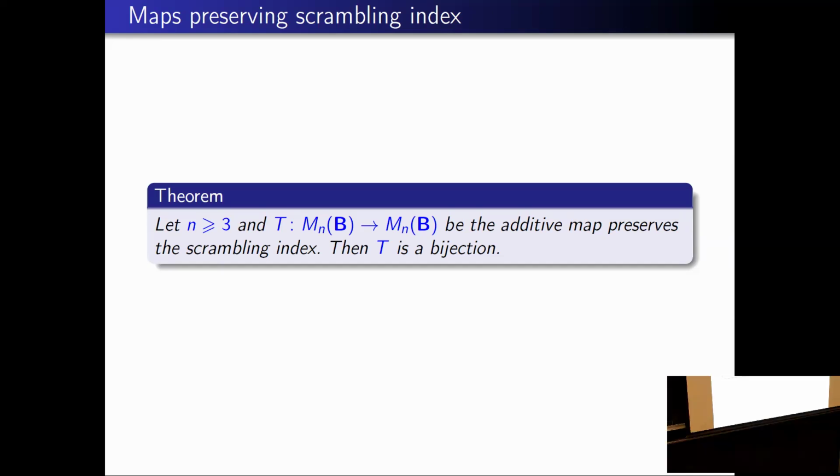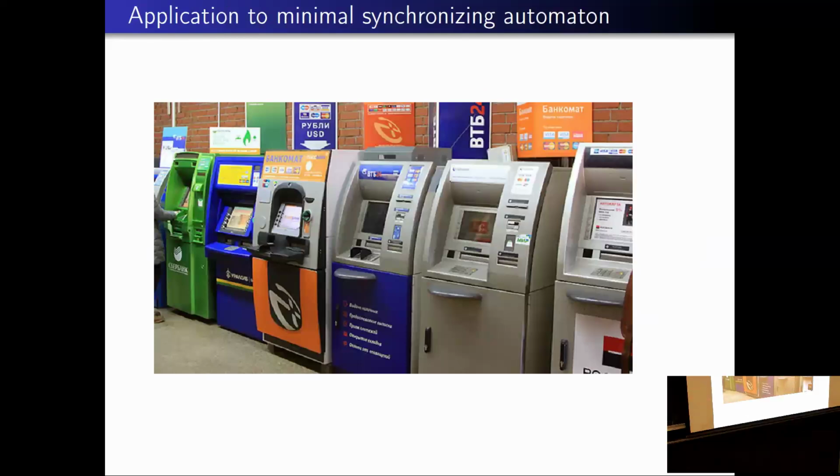So here it is rather technical, but it is possible to show that this is always a bijective map. We'll not go into the details.